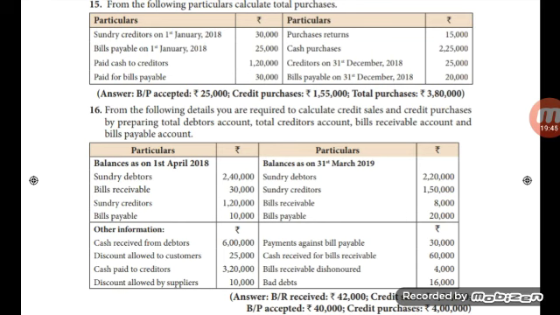Bills payable is a liability. Enter the opening balance on the credit side as by balance brought down, amount 25,000. Next, all other items on the debit side. To cash paid for bills payable 30,000.